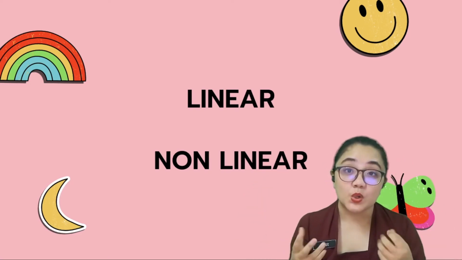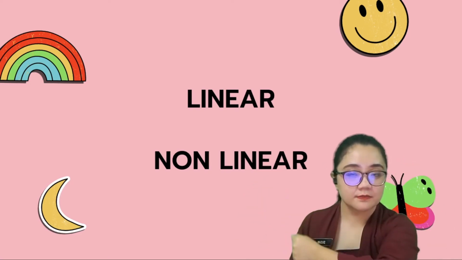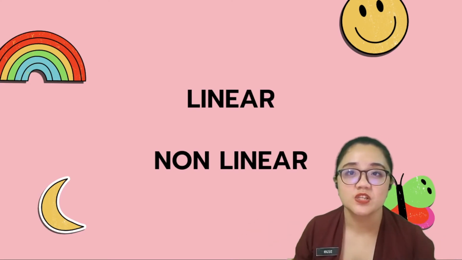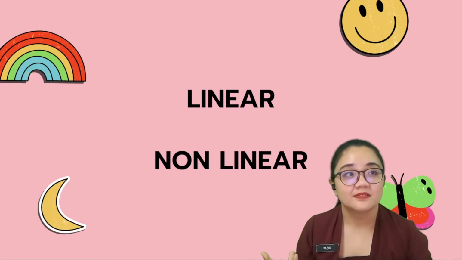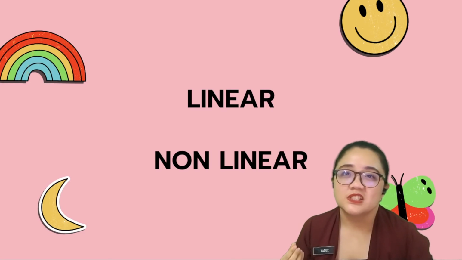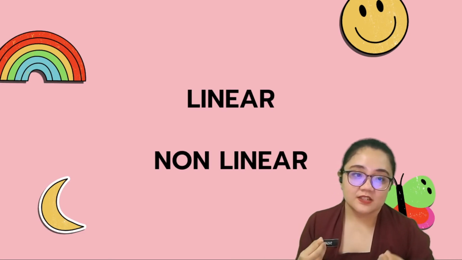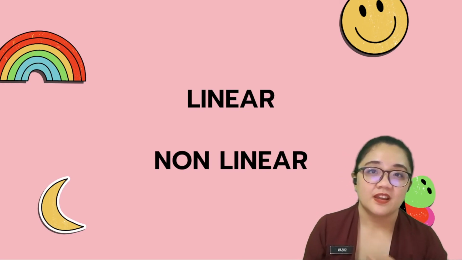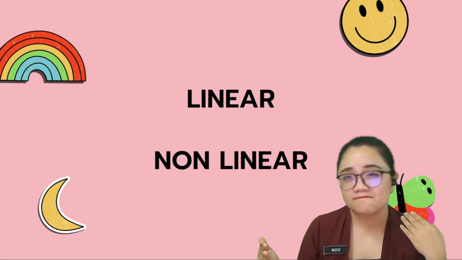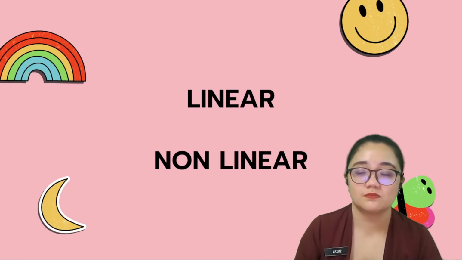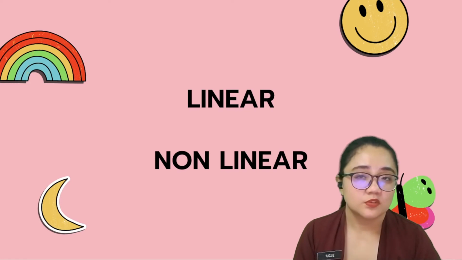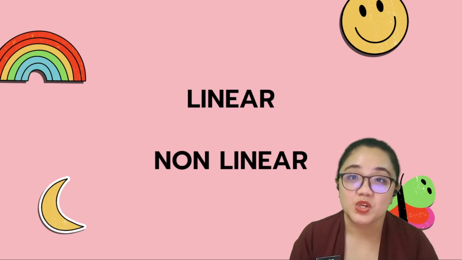Non-linear, we want things fast. We want things to be eye-catching as soon as possible. Why? There must be some urgent needs for us to see things fast, quick, and the impact must be so high that we will not miss it. Try to think, what are the situations?